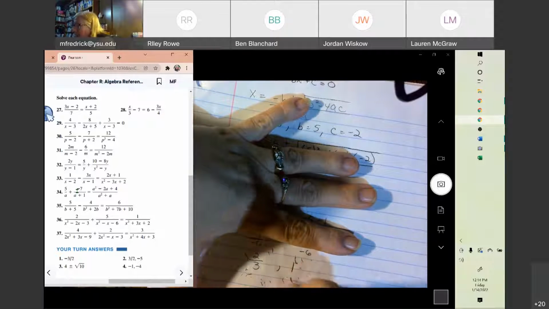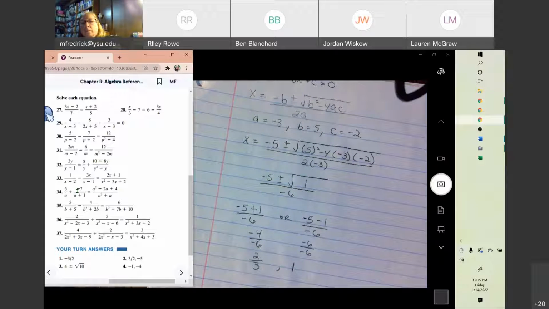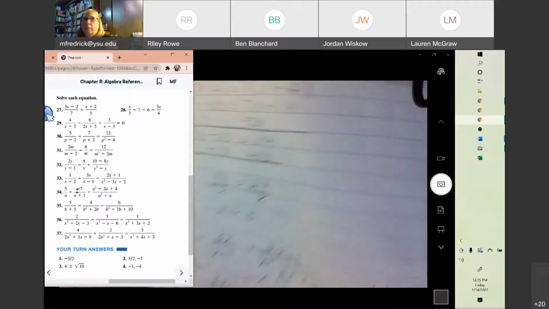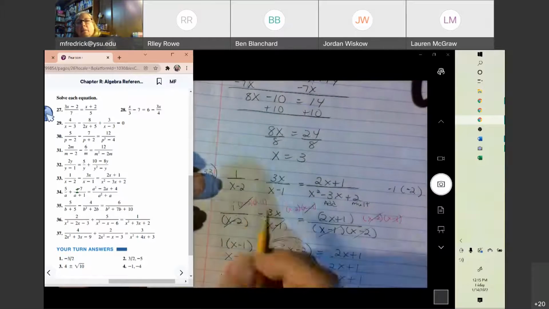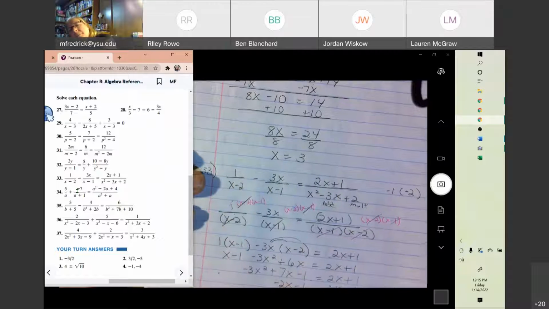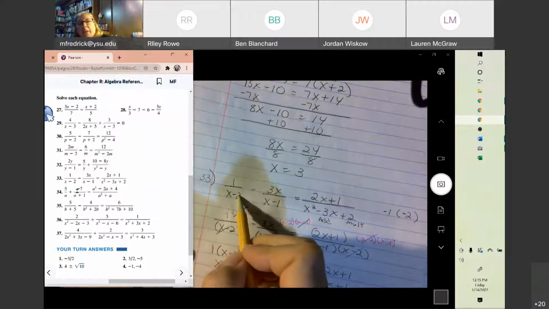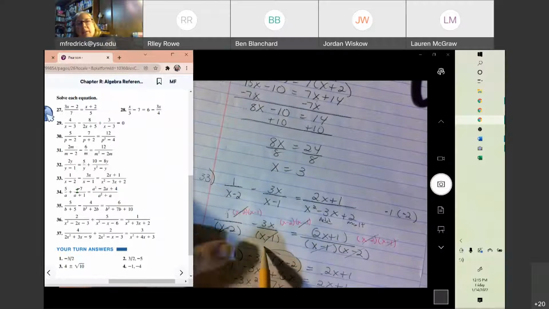Any questions on getting them? We look at the beginning. You can't have 0 in the denominator. And 2/3 minus 2, or 2/3 minus 1, that's not going to give us 0.